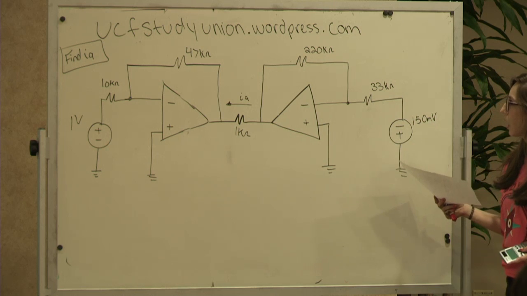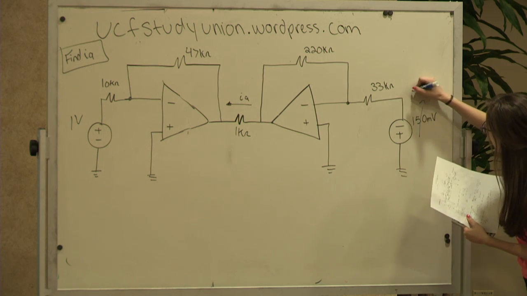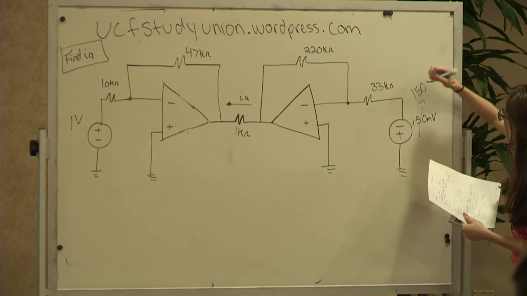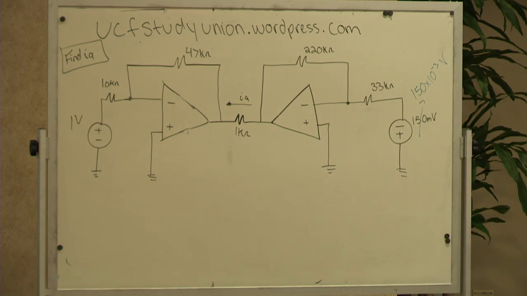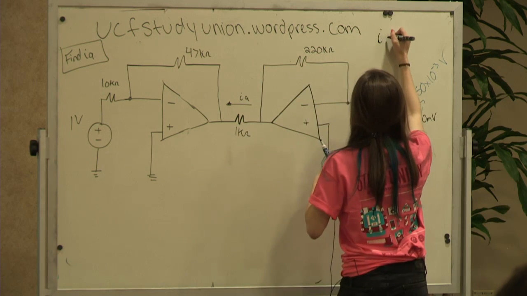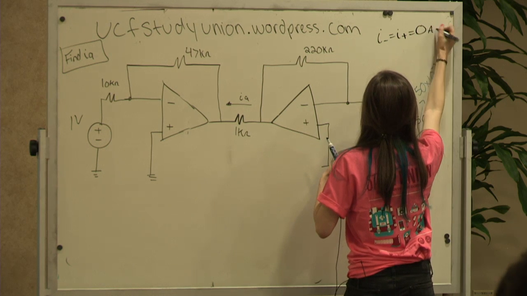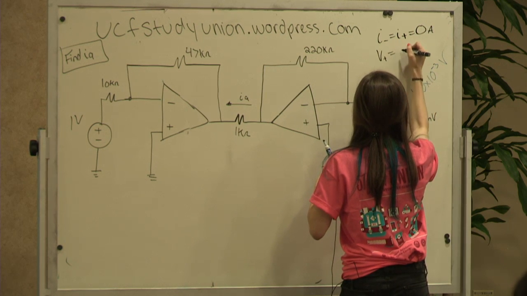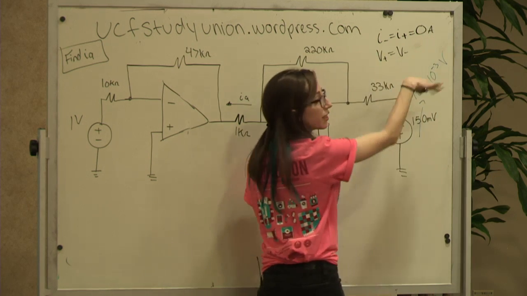So how should I start this problem? Well, first, this is millivolts. I'm just going to change that right away because that's in volts, 10 to the -3 volts. How do you guys think I should start this? Node? Yeah. First, just a reminder, I minus equals I plus, which equals 0, and V plus will equal V minus for an ideal op amp.